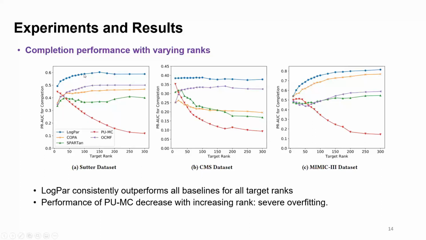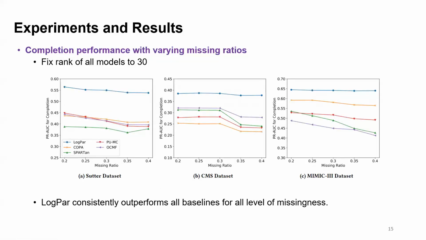The blue dotted line is our model, and we can see that LogPar consistently outperforms all baselines for all target ranks. The performance of PUMC decreases with increasing rank, which indicates that it suffers from severe overfitting with increasing target ranks.